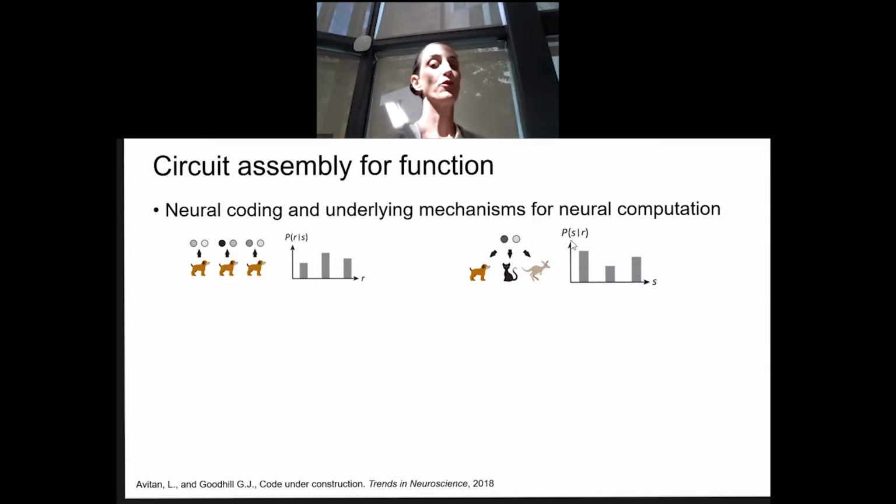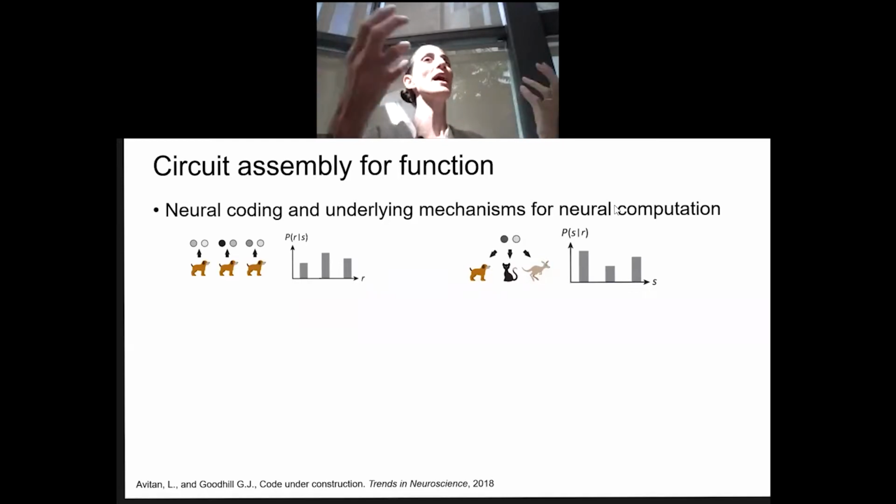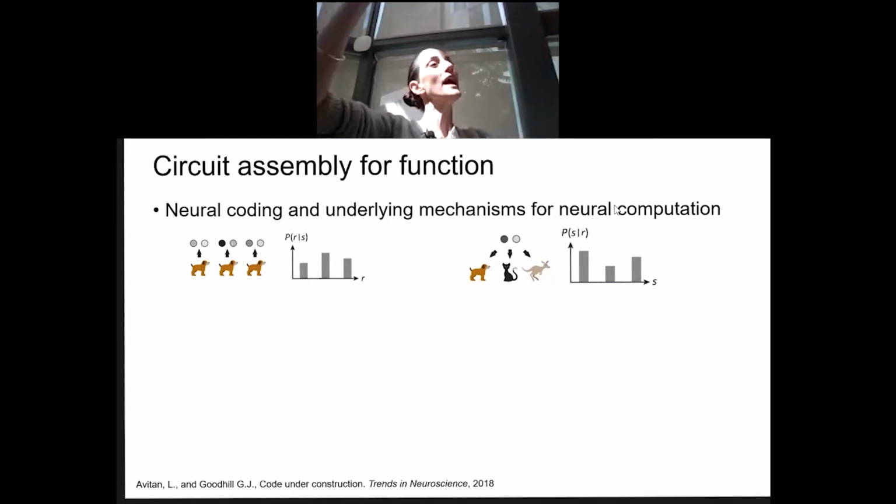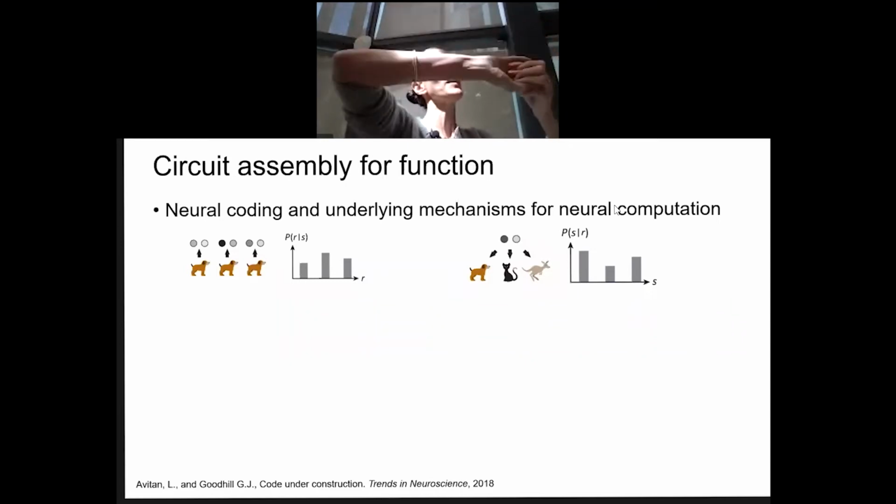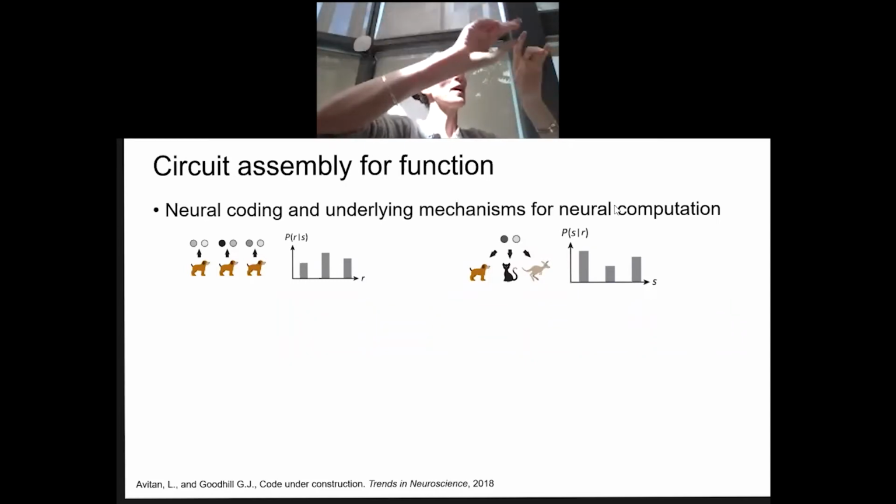What is the likelihood of a particular stimulus given this response? So this is the encoding model, and that's the decoding model. And that's basically what we do. We try to understand how the brain represents the world and how this information can then be decoded from these active neurons.